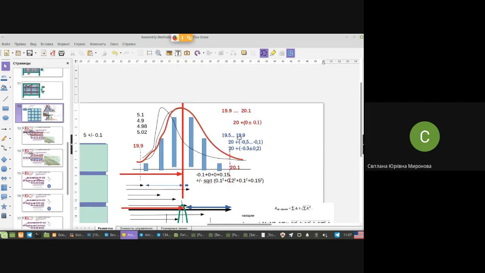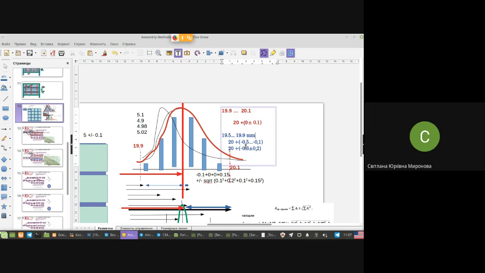Look, let's imagine that the constructor said the size in a drawing is given like 20 minus 0.5, minus 0.1. What does it physically mean? In millimeters, like this: 19.5, 19.9. Agree?